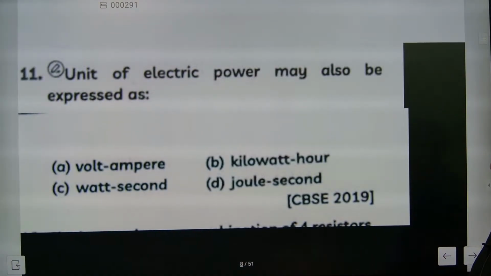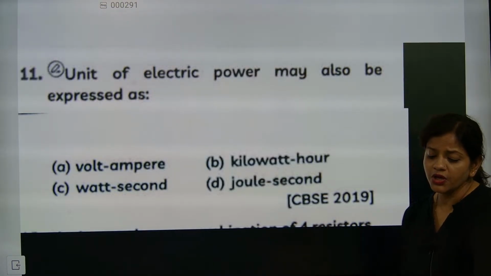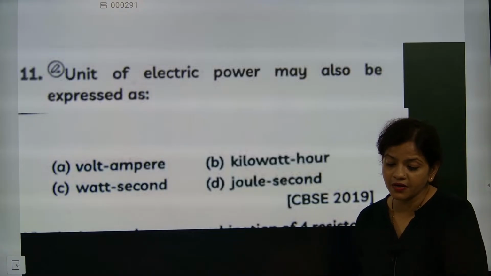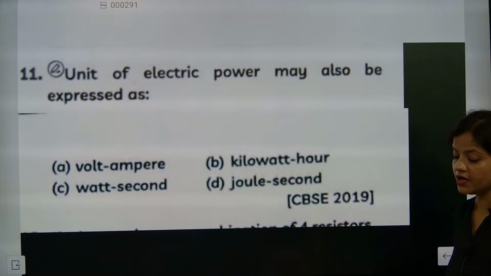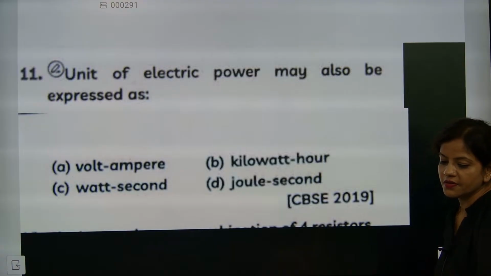Unit of electric power may also be expressed as, wow, this is a super question. See, like this they are asking questions. Unit of electric power. The options are watt second, kilowatt hour, joule second, volt ampere.